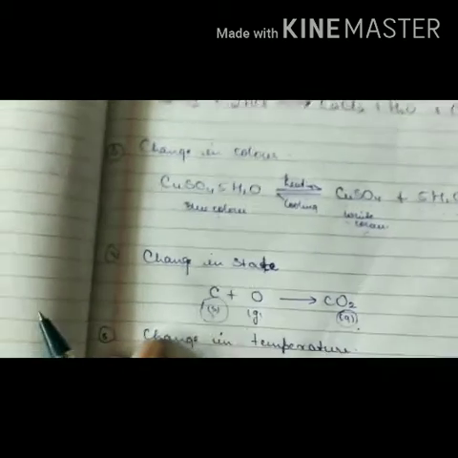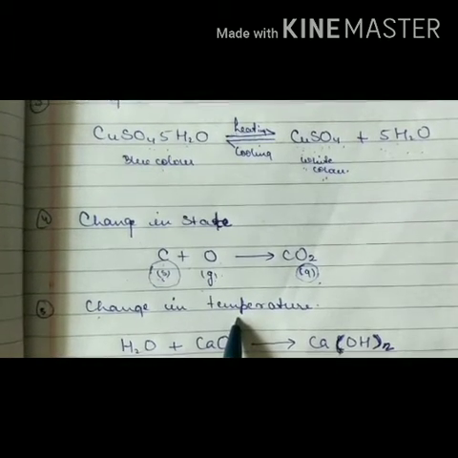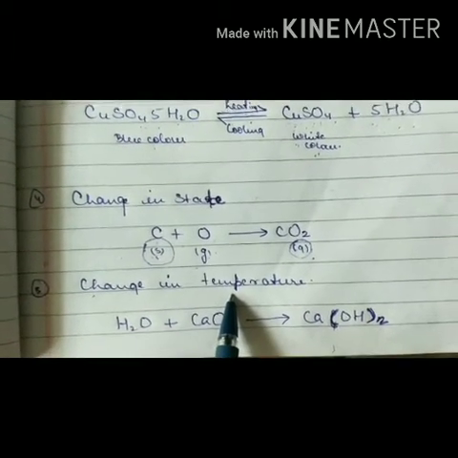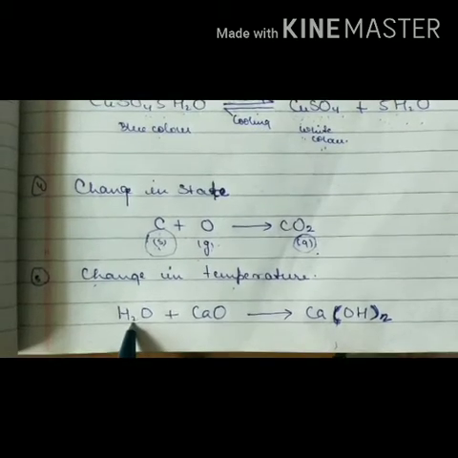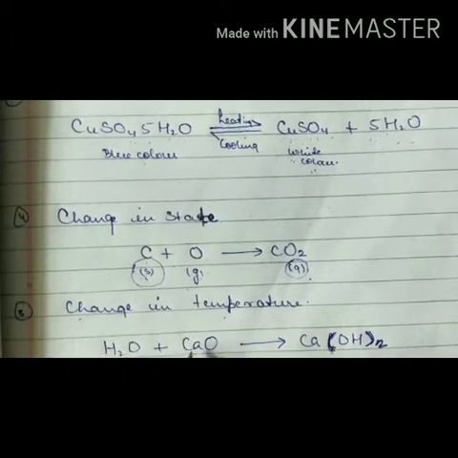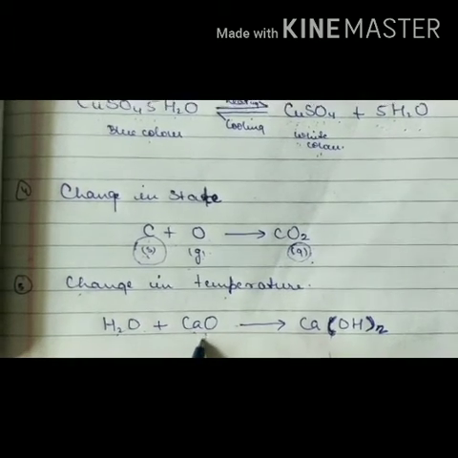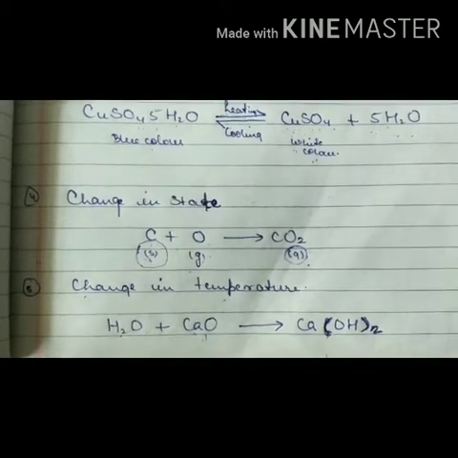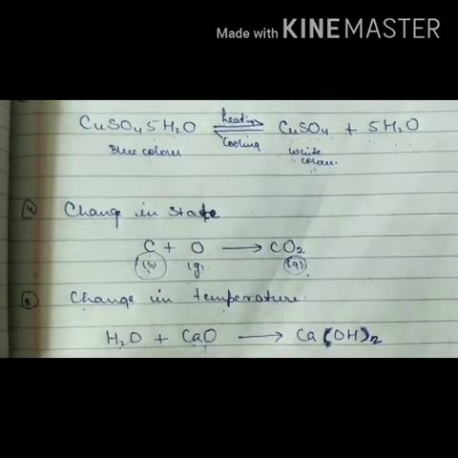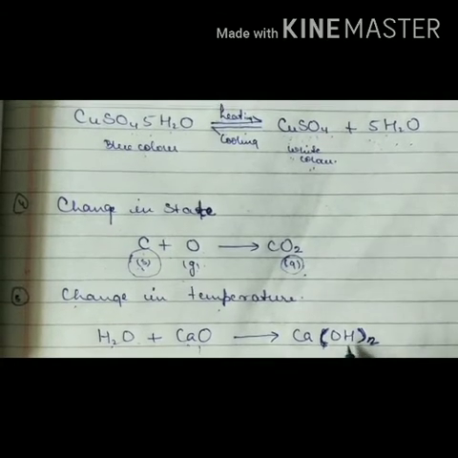After change in state, you can see change in temperature. This is water and this is CaO. What is the name of CaO? It is quicklime. When you add water to quicklime, the solution becomes heated, and the solution will be known as calcium hydroxide.